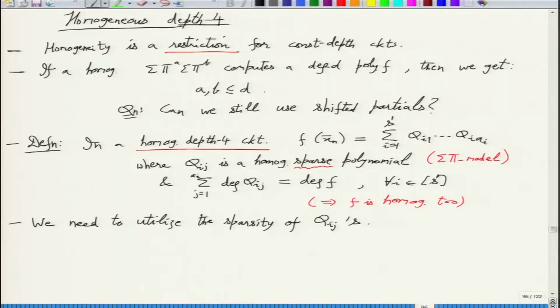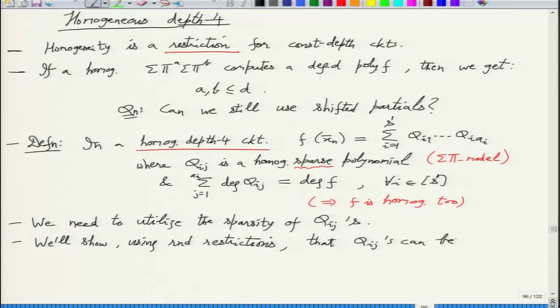So we'll try then random restrictions. We'll show using random restrictions that Qij's can be reduced to a sum of square root D support monomials.